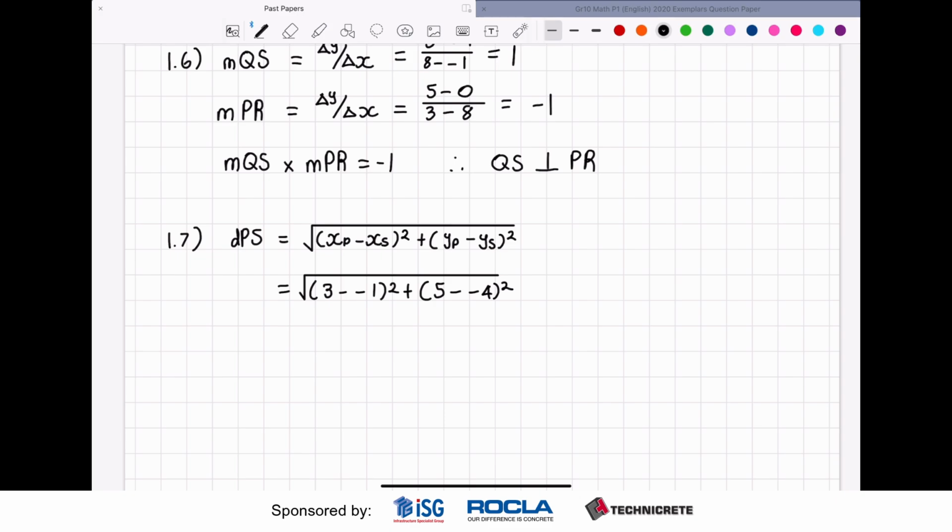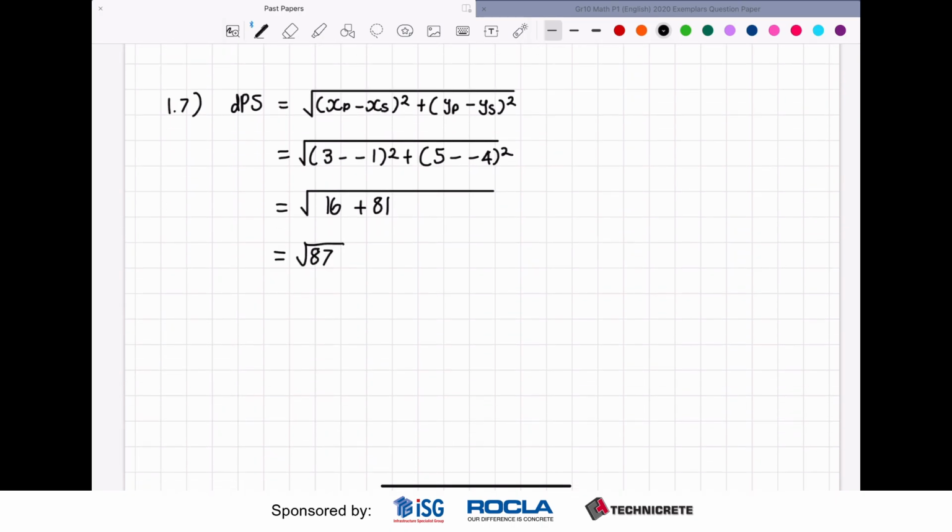And then these negative signs are going to become positive. So I'm going to have 3 plus 1 in the first bracket, which is 4, squared is 16. And then the next one is going to be 5 plus 4, which is 9 squared, and that's 81. And so I have the square root of 87.